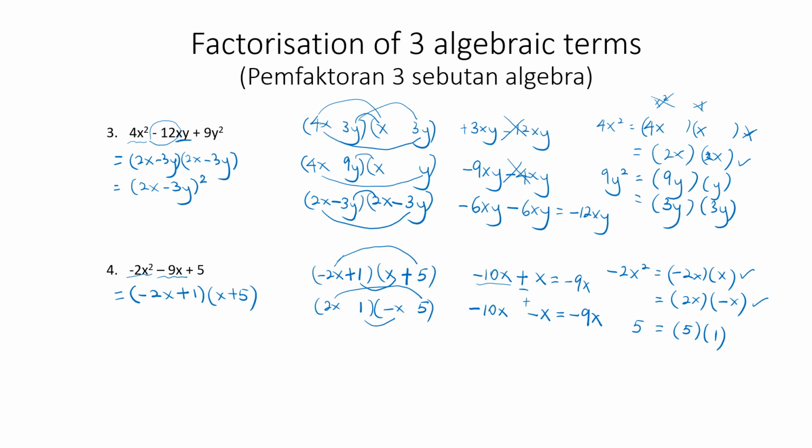In order to get the plus, I must put a negative here, so that negative gets positive. So this term I must have negative 10x, so I put a negative here, so when I expand this, I get negative 10x, and to get this positive x, I will have negative 1 multiplies with negative x, I can get positive x.